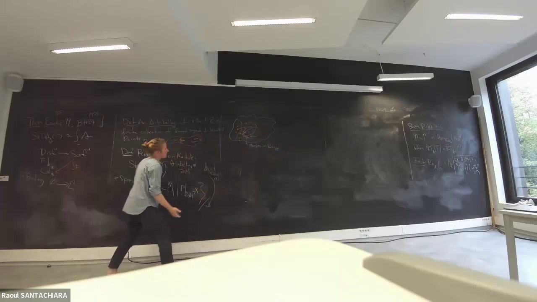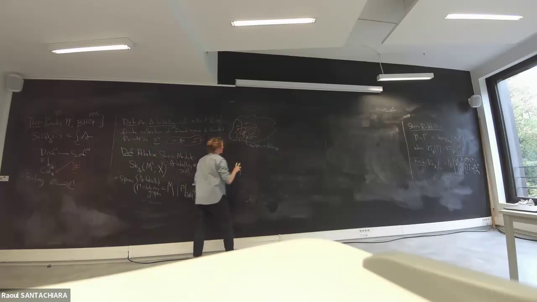So I do that for any cylinder I embed. I can have these Skein relations.